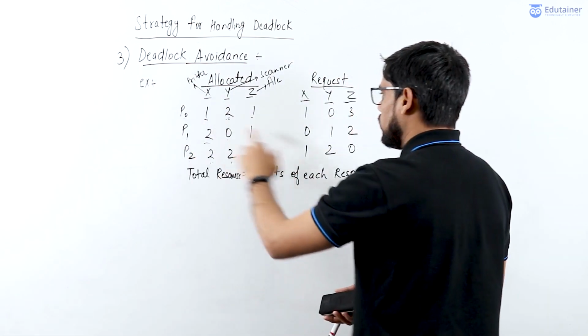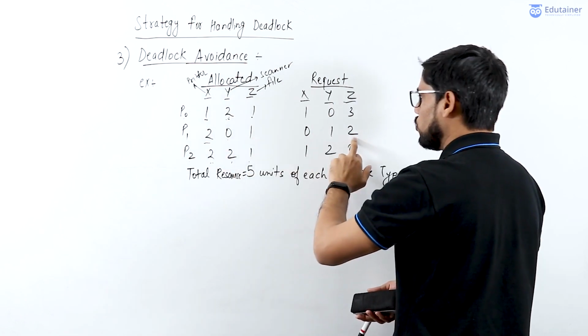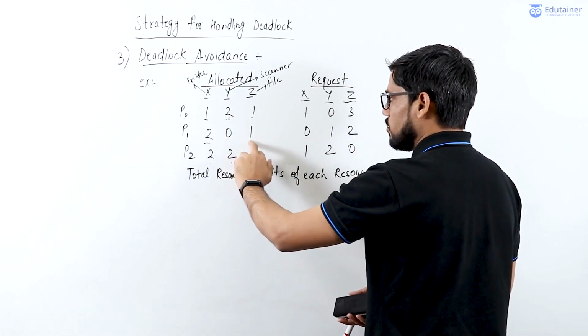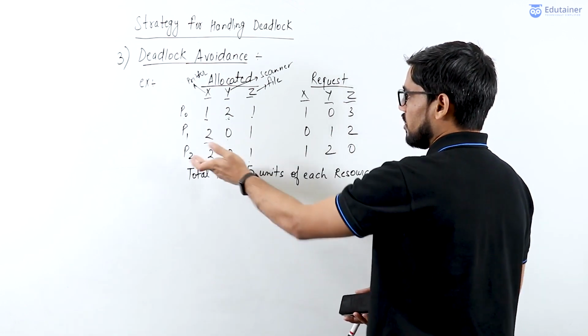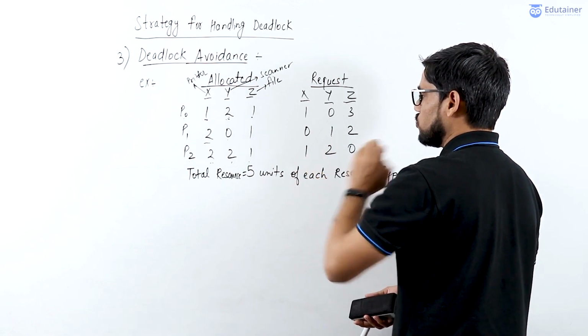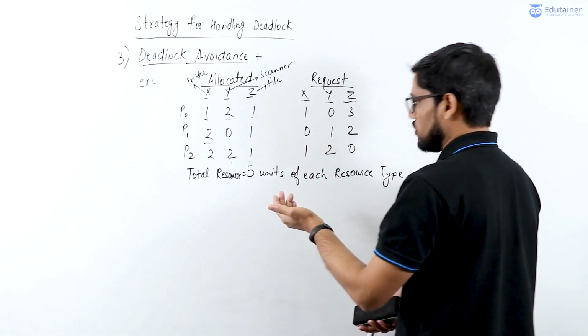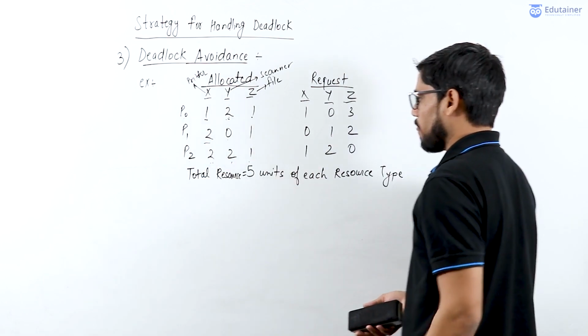Similarly, process P1 needs one instance of resource Y and 2 instances of resource Z. Similarly, process P2 requires one instance of resource X and 2 instances of resource Y to complete its execution.